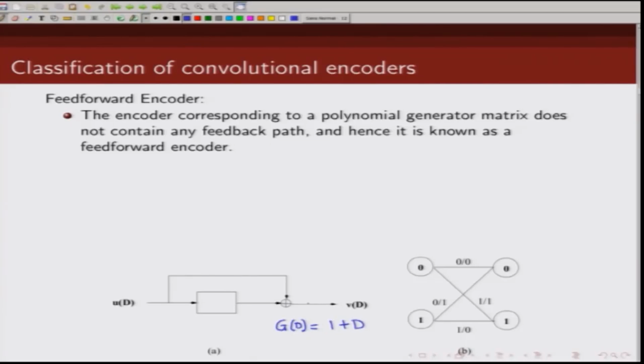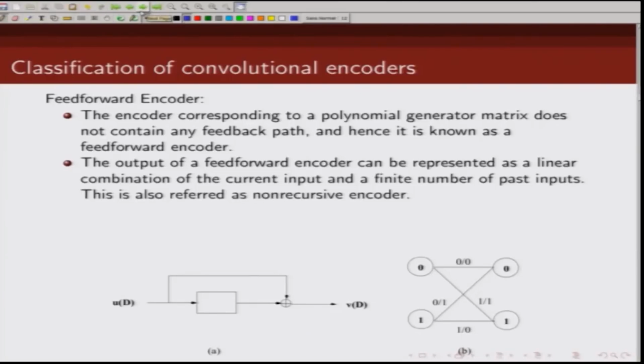So, there is no feedback from the output to the encoder side, and this is an example of a feed forward encoder. Now, we can represent the output of a feed forward encoder as a linear combination of the current input and a finite number of past inputs.